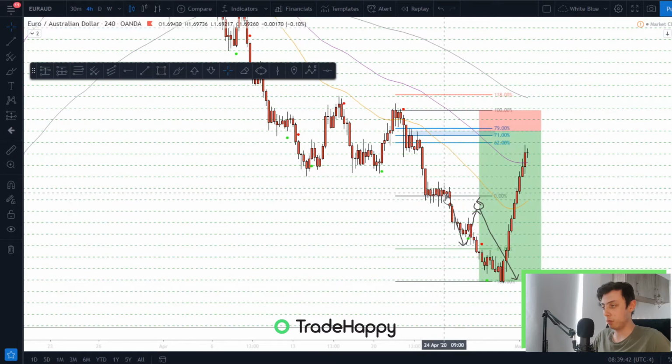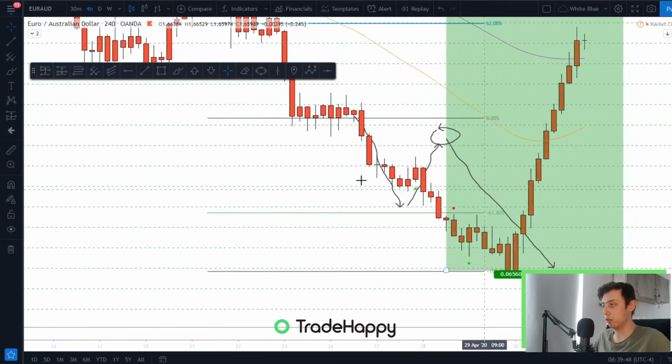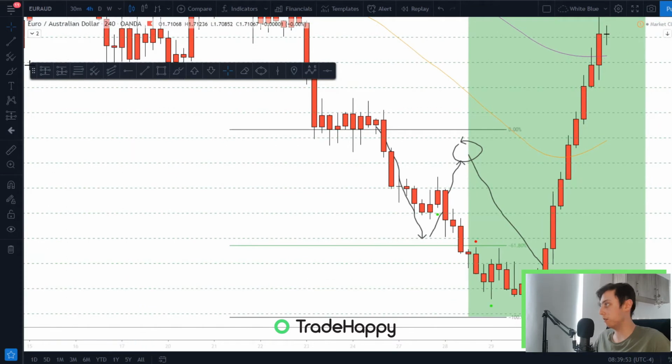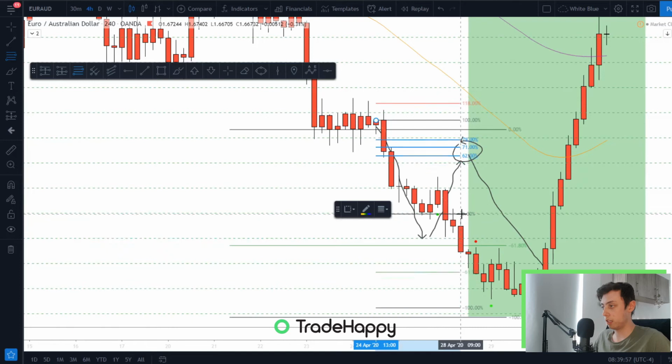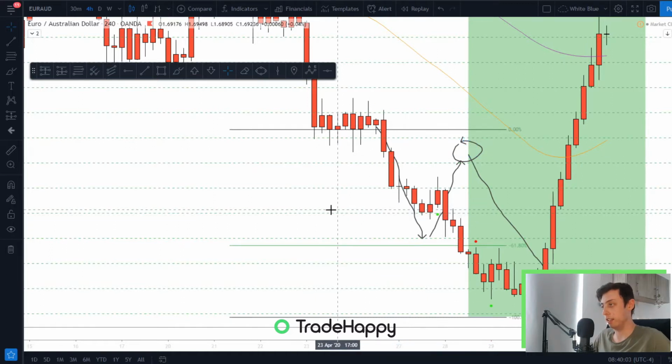And as you can see, we broke down and we came up a little bit, but just not enough to actually get into the trade. So if I just plot that onto the chart with the Fibonacci, you can see that we didn't actually reach that 70 level, which is where we entered the trades.